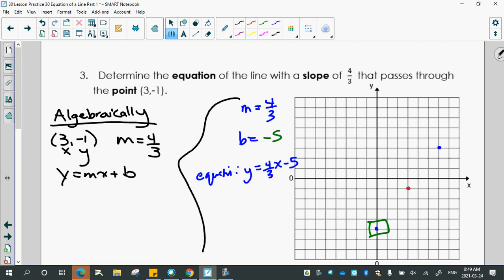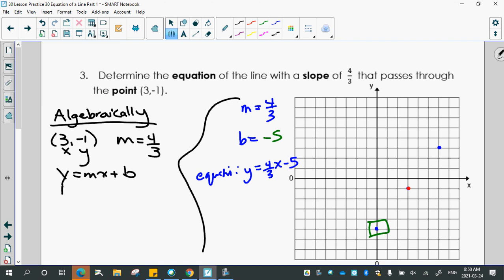So if we put y in for y, x in for x, m in for m, the only unknown will be b, and we'll be able to calculate it. And we can do that because we know (3, -1) is a point on this line with this equation. So when x is 3, y should end up being -1. Okay, and then we see what b has to be and make it work.